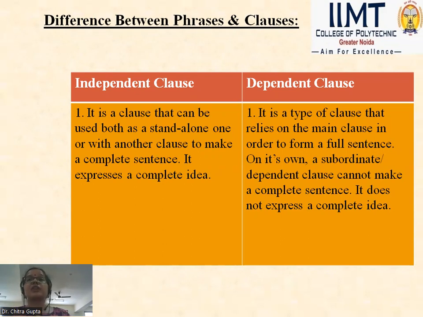Now, the dependent clause, as its name suggests, is dependent on the independent clause. It is a type of clause that relies on the main clause in order to form a full sentence on its own. A subordinate or dependent clause cannot make a complete sentence by its own. It does not express a complete idea.